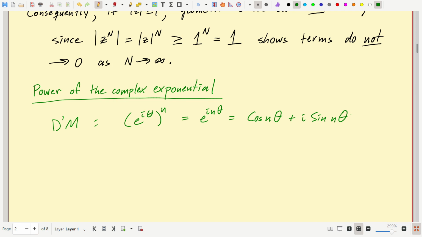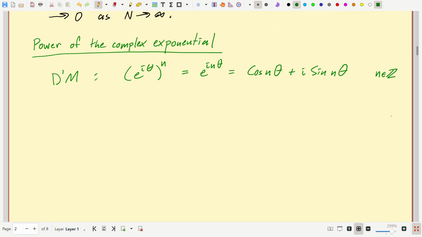And that holds true for integers n. Well, there are some famous formulas that fall out of this.